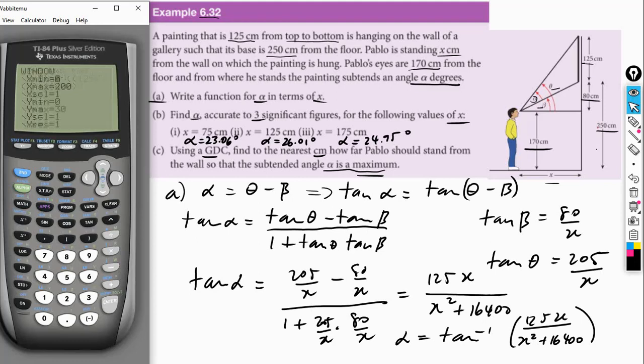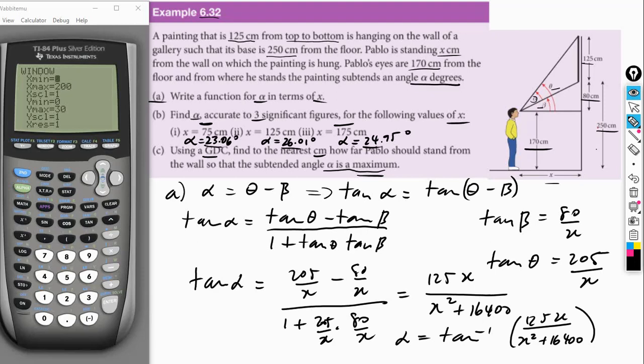Now the window is going to depend on the domain and range. So notice that for the domain, we're plugging in values ranging from 75 to 175. And notice that the angles that we get, first we get that alpha is 23 and some degrees, then 26 and some degrees, then 24 and some degrees.